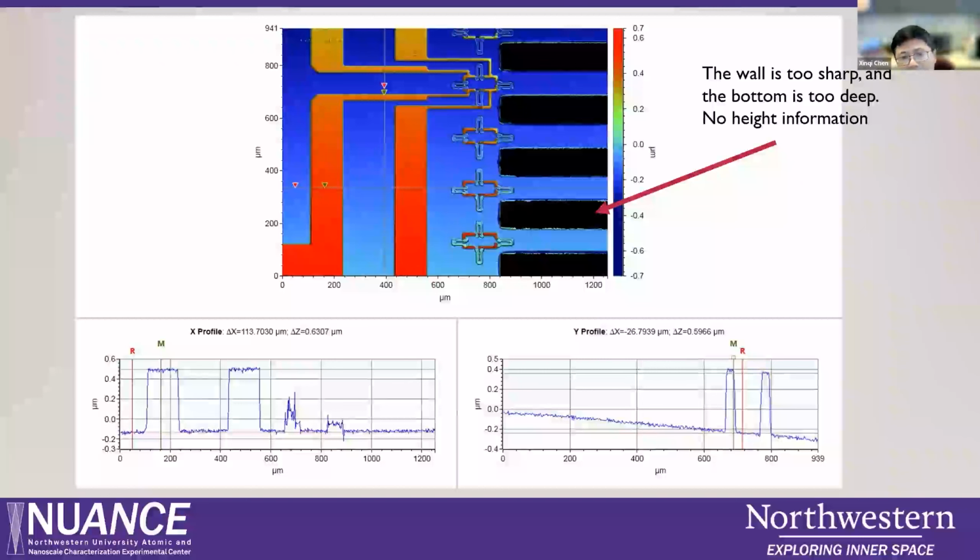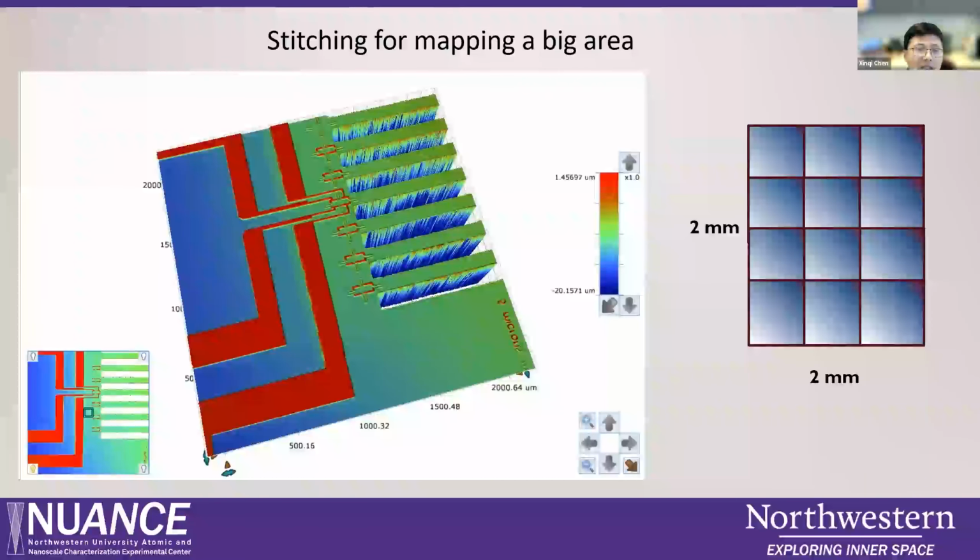Okay, so next, this one is a stitching feature. This optical profilometer has this feature. If you want to take advantage of the high magnification, you use 50x. This gets a very good lateral resolution, but you also want to see a big area. How can you do that?